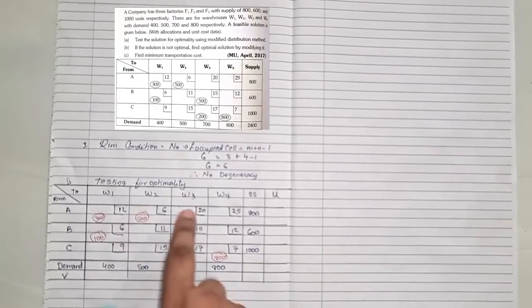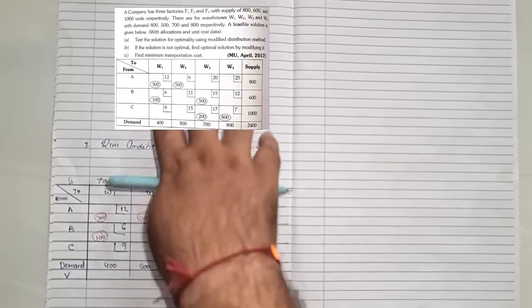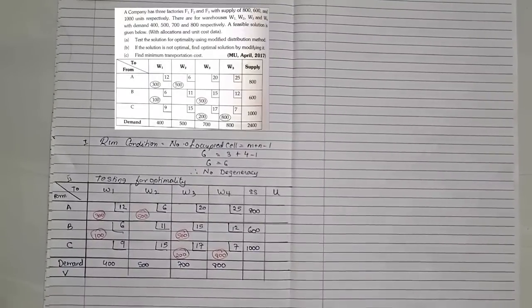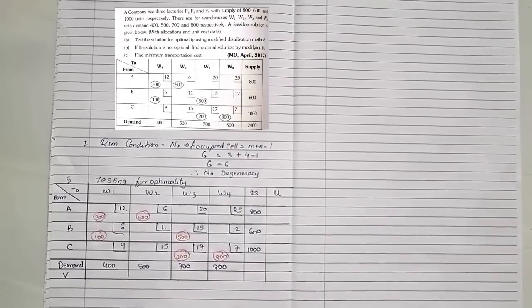So first we'll make the columns and then we'll continue with the sum. This is the table which is already given in the question. I've just noted it down with those values.